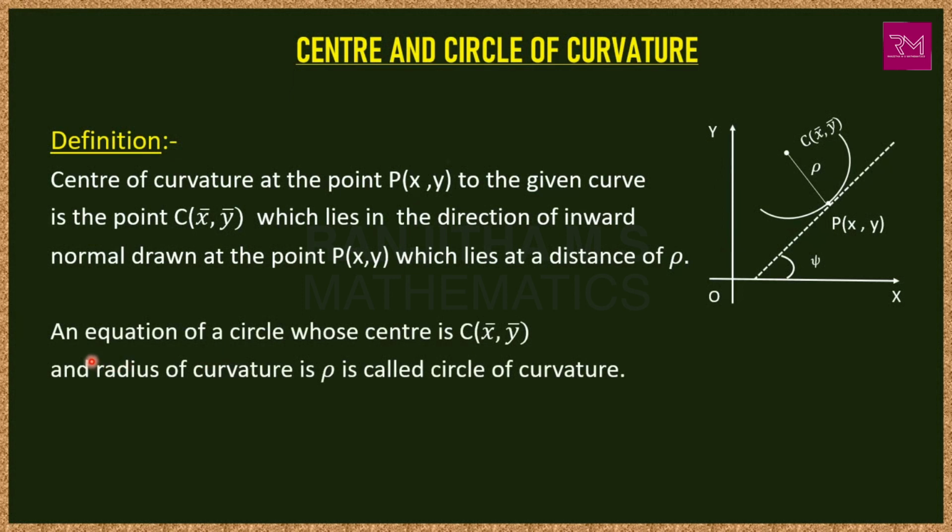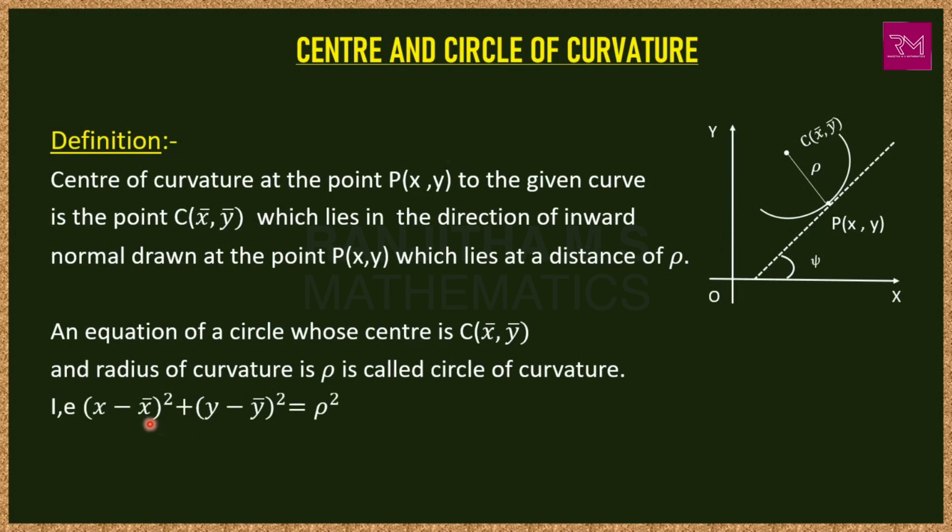Also, the equation of a circle whose center is C(x bar, y bar) and whose radius is the radius of curvature rho is called the circle of curvature.